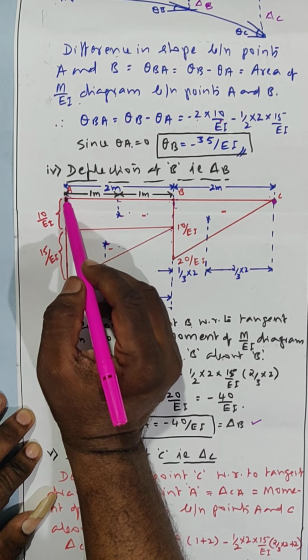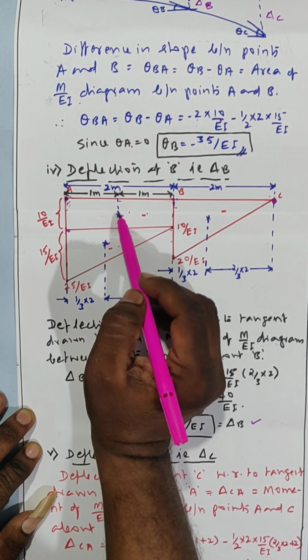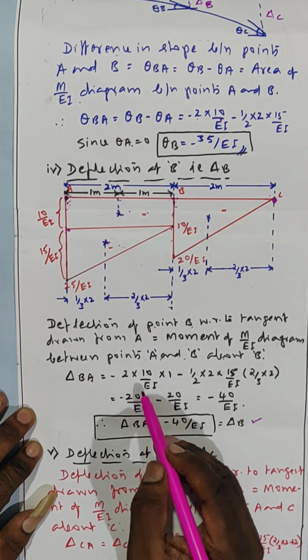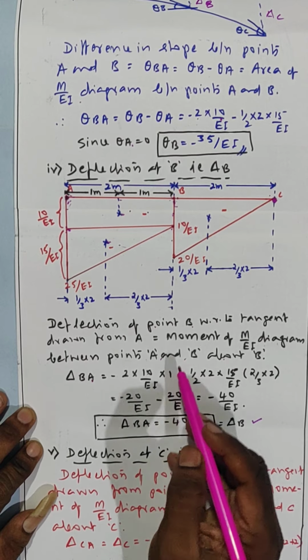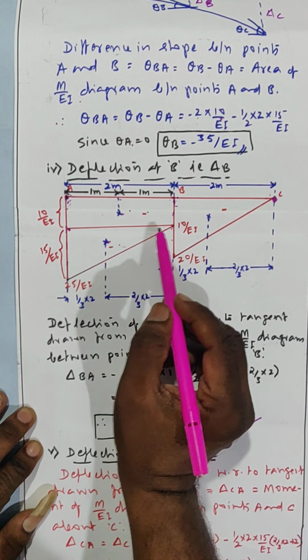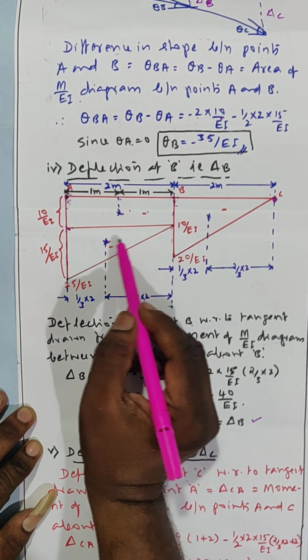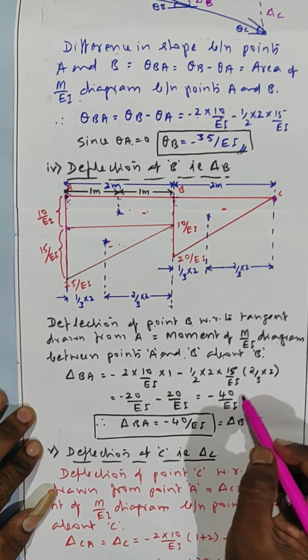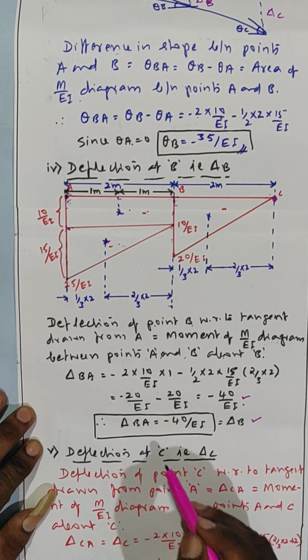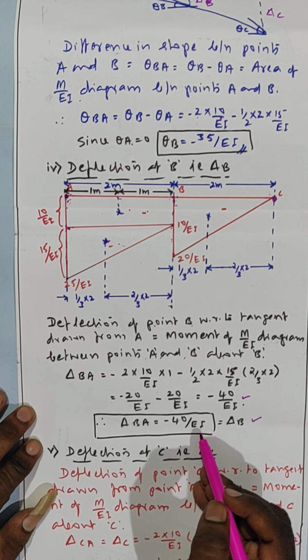Now here it is 2 into 10 by EI into CG distance is 1, so 2 into 10 by EI into 1 from B. Next, half into base into height, half into 2 into 15 by EI into its CG distance from B is 2/3 of 2. We got it is 40 by EI. Therefore delta BA is 40 by EI.